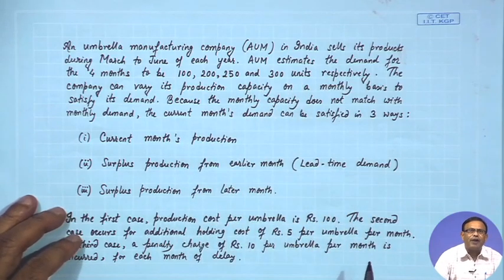The company can vary its production capacity on a monthly basis to satisfy its demand.